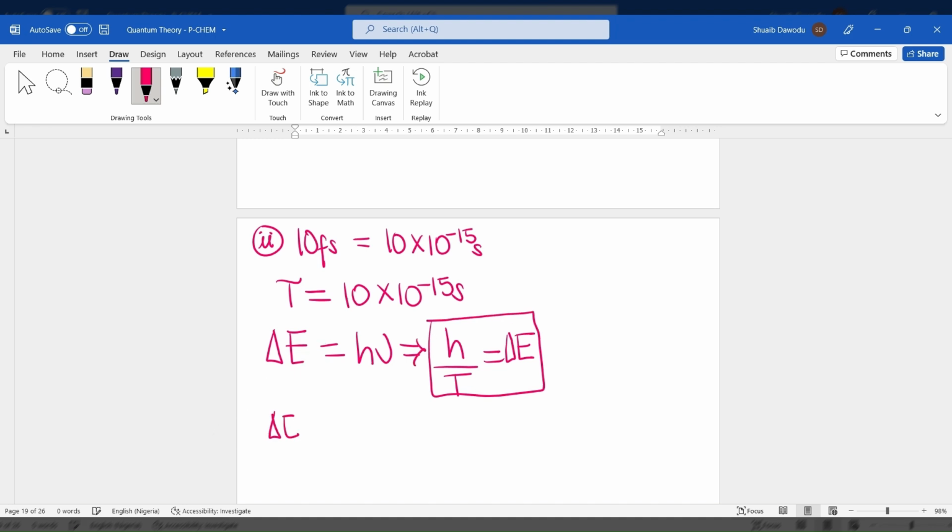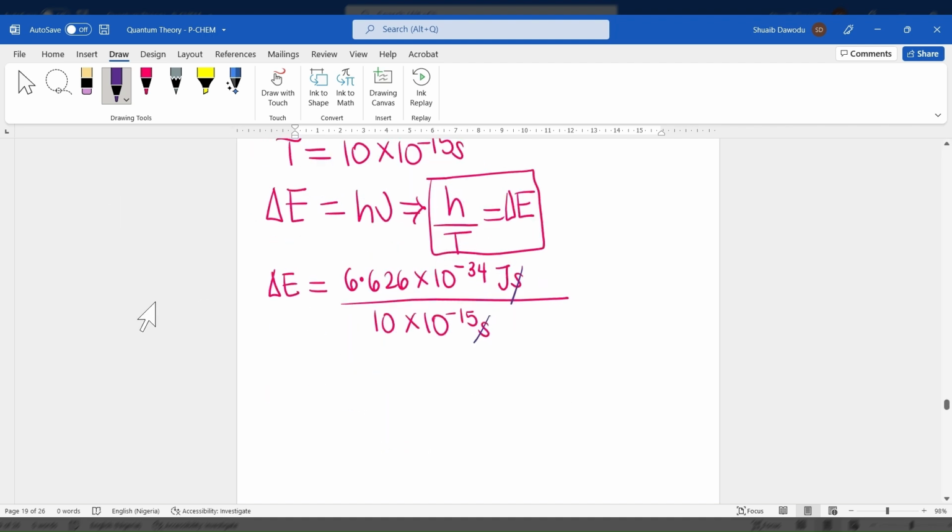So change in E is simply going to be Planck's constant, which we know to be 6.626 times 10 raised to the power of negative 34 joule seconds, divided by the period, which is 10 times 10 raised to the power of negative 15 seconds. Cancel out the seconds.